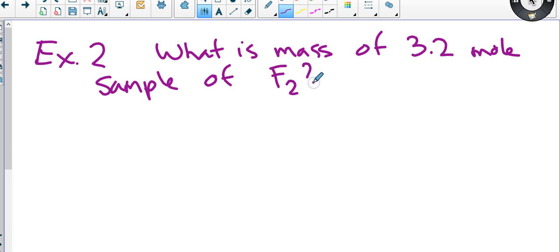So F2. So underline what you're given and circle what you're looking for.